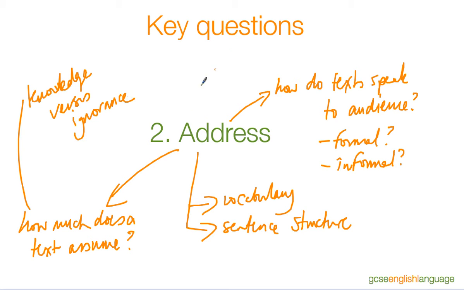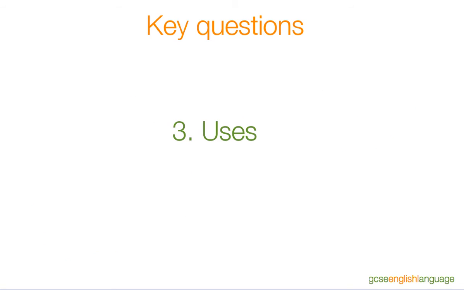Is it addressing them as people who want to know titillating facts about a subject? Is it addressing them as people who want to learn more details? Is it addressing young people, old people, and so on and so forth? So the way in which a text speaks to its audience is a key thing to bear in mind.